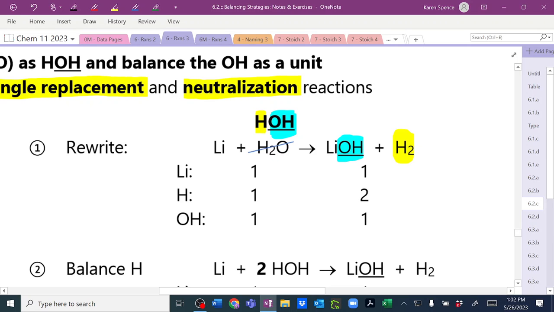Okay, and the only thing that's unbalanced right now is the hydrogen. So we can put a 2 here, which gives us 2 hydrogen, and it also gives us 2 hydroxides.